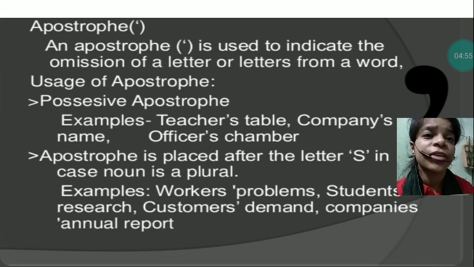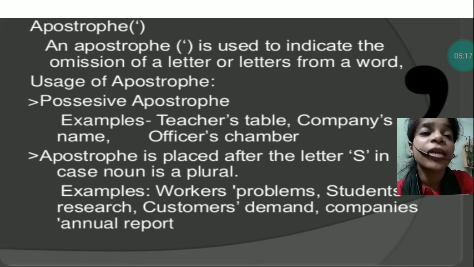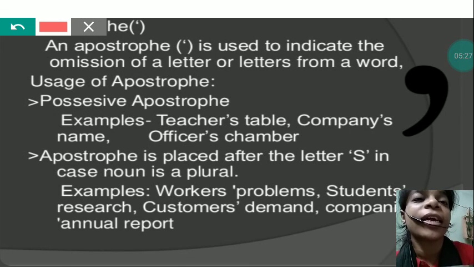The next use of the apostrophe is in the possessive manner. In the possessive, it can normally be used like teacher's table, whose table, teacher's table, officer's chamber, whose chamber, officer's chamber. But if the noun is plural and ends in s, then we write the apostrophe after the s.